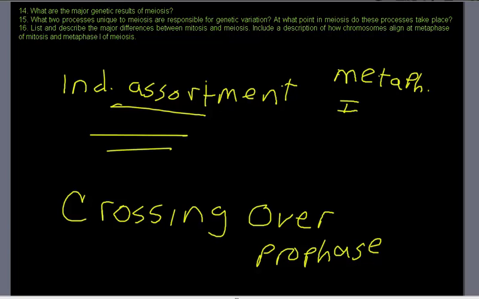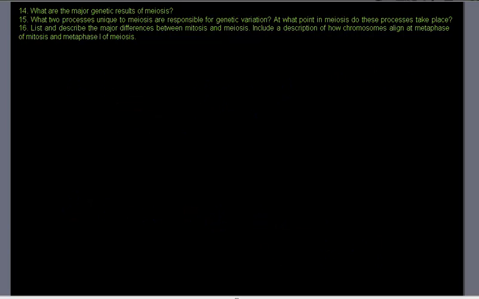We can talk more about that. That's pretty cool. And so those are the processes. So crossing over and independent assortment, don't forget about independent assortment. It's really important in generating genetic variation.